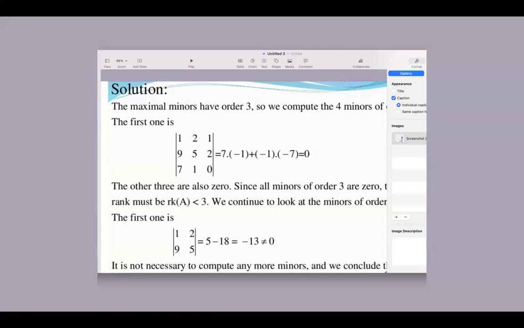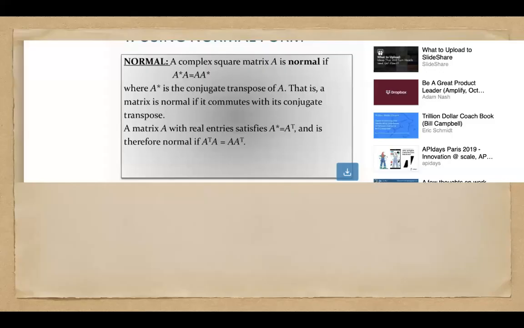Here is the normal form. A complex square matrix A is normal if A into A star is equal to A star into A, where A star is the conjugate transpose of A. That is, a matrix is normal if it commutes with its conjugate transpose.